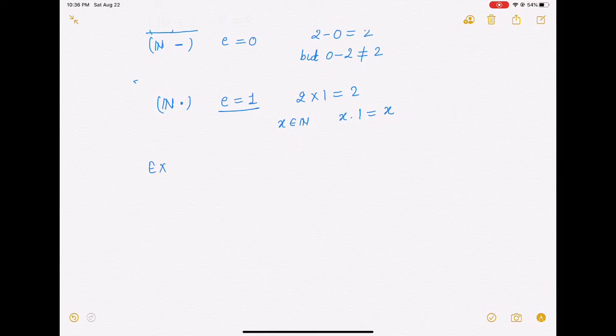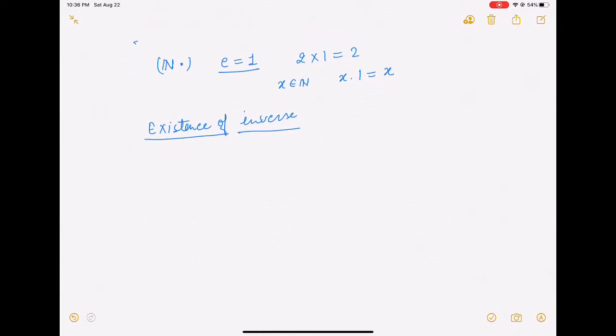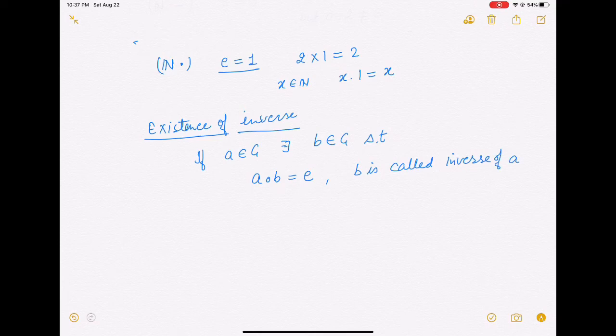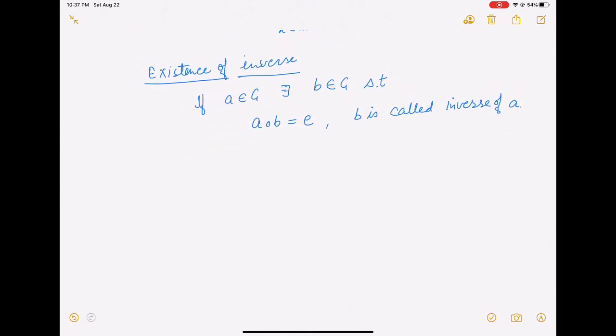Next is the existence of inverse. If A belongs to set G, there exists an element B belonging to G such that when A is operated on B it gives you the identity element E, then B is called the inverse of A. It is represented symbolically by A inverse.